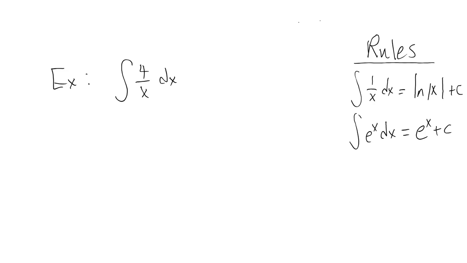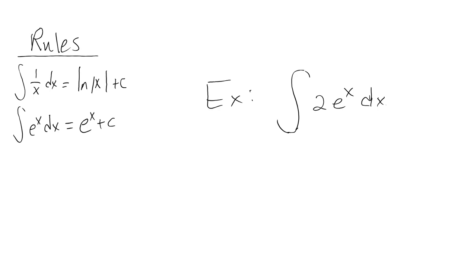With one of the properties of integration, called the constant multiple rule, we can pull the constant out of the integral, like this. And when we pull that constant out of the integral, then our integration looks exactly like the formula. Then we're able to apply the formula, carrying the 4 down, and we're going to evaluate the integral to follow the rule, natural log absolute value of x plus our constant.